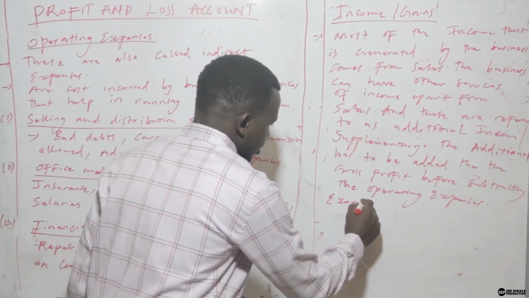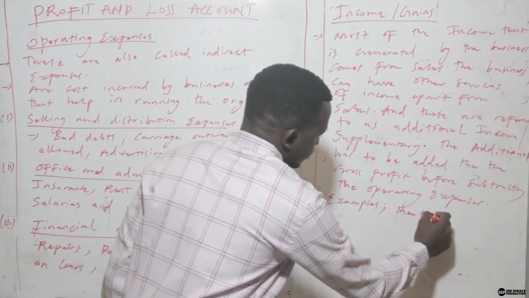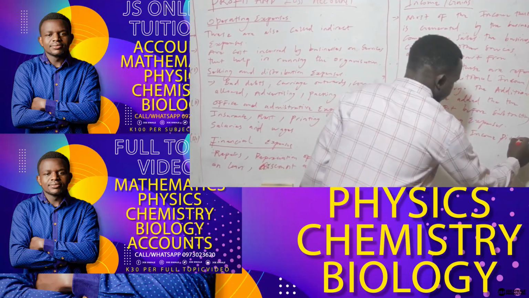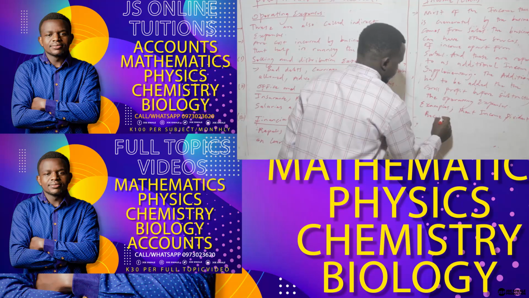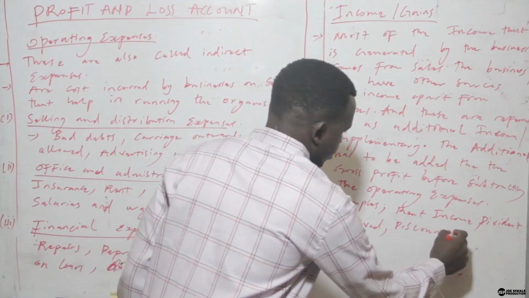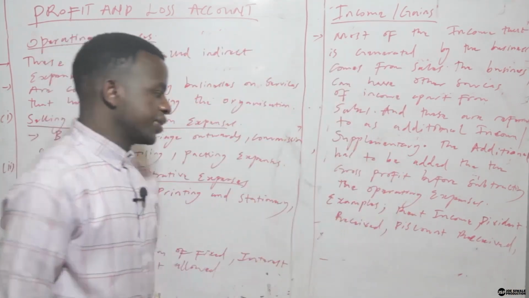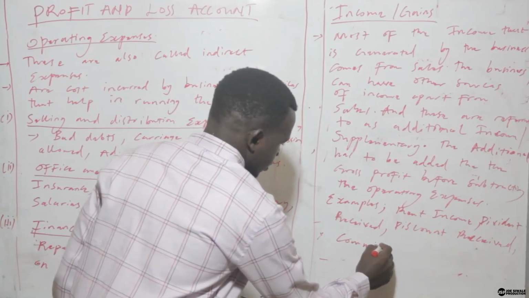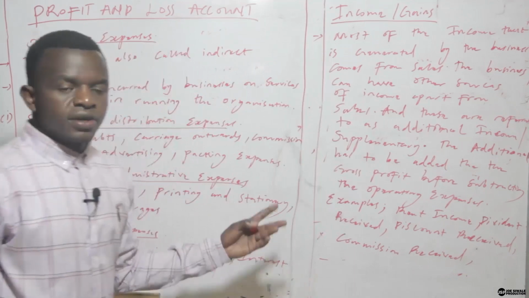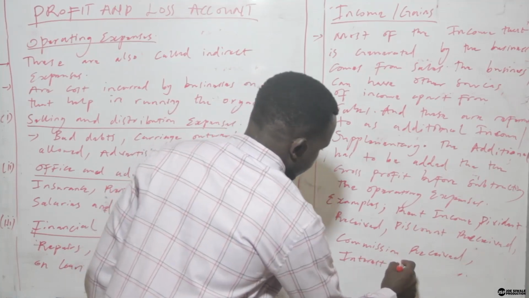These include rent income, dividend received, discount received, commission received, and interest on bank deposit.